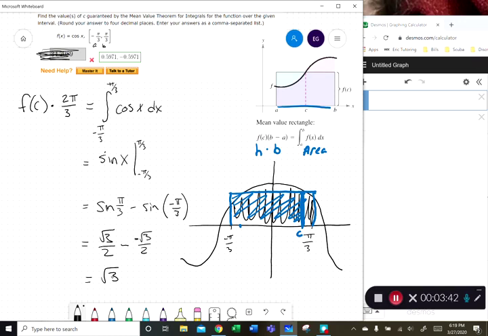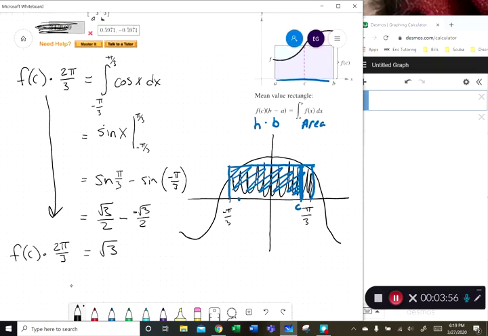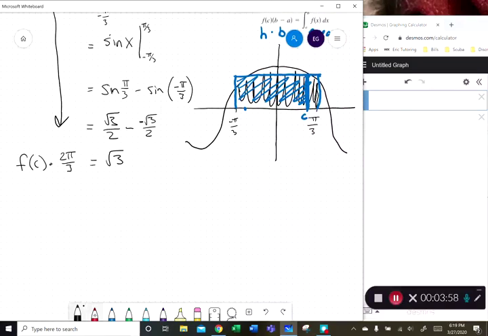Now let's bring down the left-hand side of the equation. So f of c times 2 pi over 3 equals the square root of 3. Let's solve for f of c. Actually, we're going to solve for c. If we bring the 2 pi over 3 to the other side, f of c is equal to 3 root 3 over 2 pi.